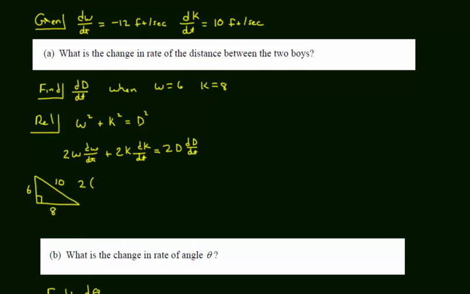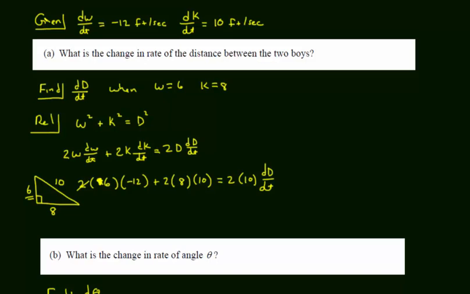I got 2 times Walter. Oops, Walter is here. Walter is 6 times dw/dt, which we found to be negative 12, plus 2 times Kevin. Now Kevin is the 8, and dk/dt is 10, which equals 2, and then our distance at the snapshot in time is 10, and we're trying to solve for dd/dt.